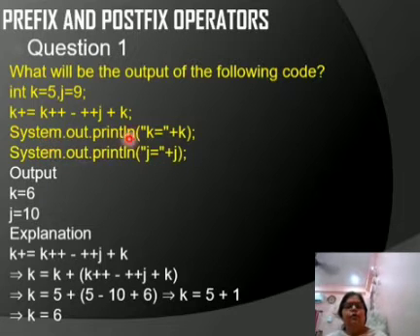Now first, what will be the output of both? The output will be: k will print 6 and j will print 10, because it is k plus plus.